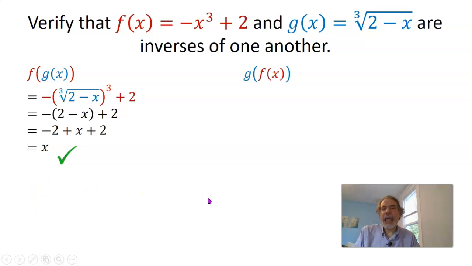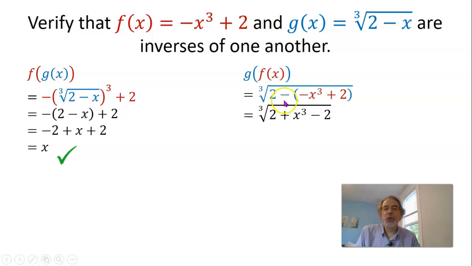Let's try it the other way around. g of f of x. Take the formula for g, replace the x with f of x, and it looks like the cube root of 2 minus (negative x cubed plus 2). So underneath the radical sign, if I remove the parentheses and distribute the minus sign, it's the cube root of 2 plus x cubed minus 2.